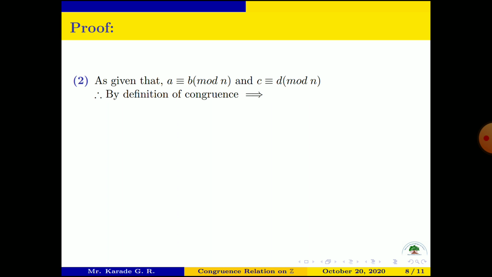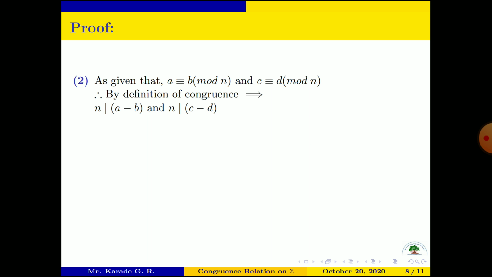By definition of congruence, this implies that n divides the difference a minus b, and n also divides the difference c minus d. Therefore a minus b must be a multiple of n, and c minus d is also a multiple of n.